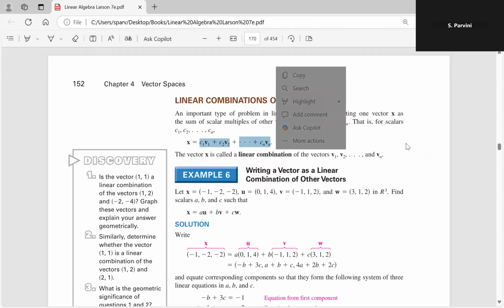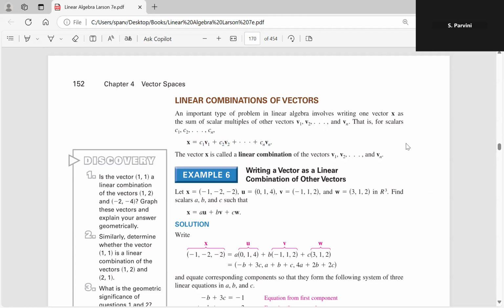So that's what the linear combination is. X is a linear combination of vectors v1, v2, and so forth.